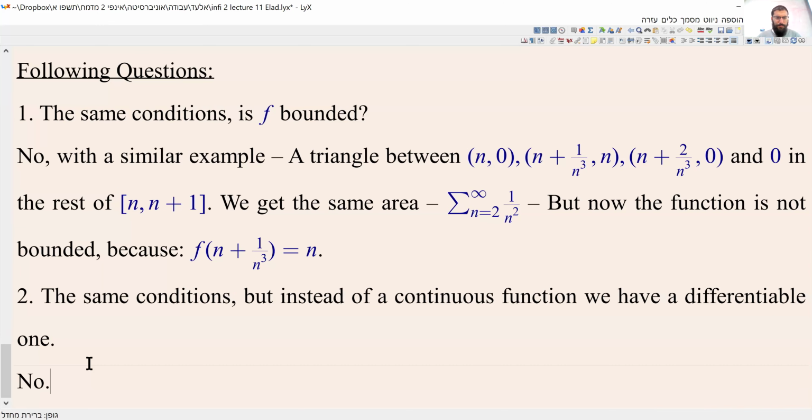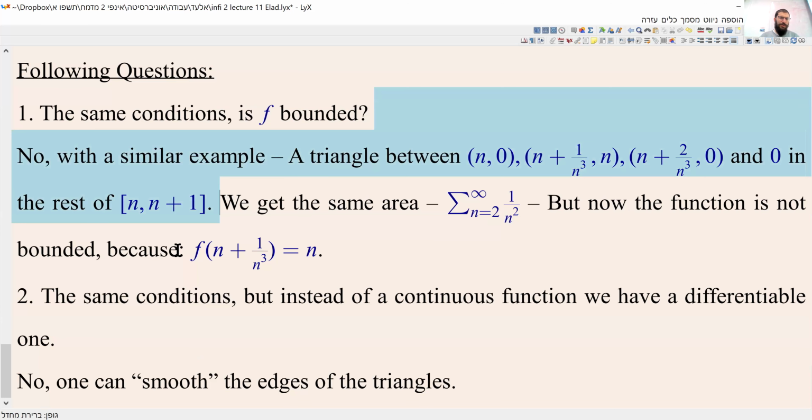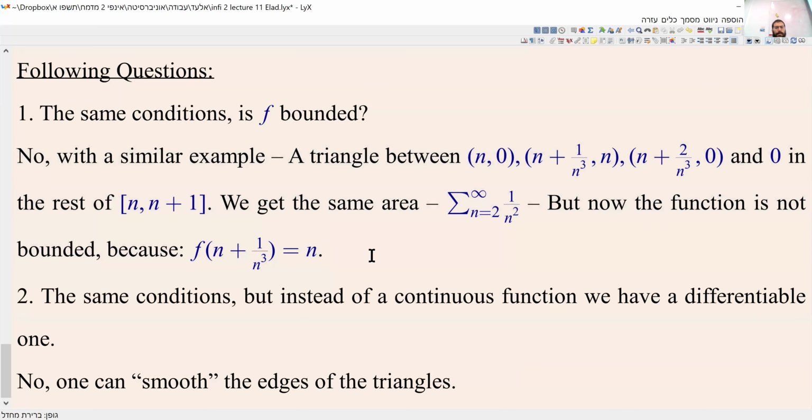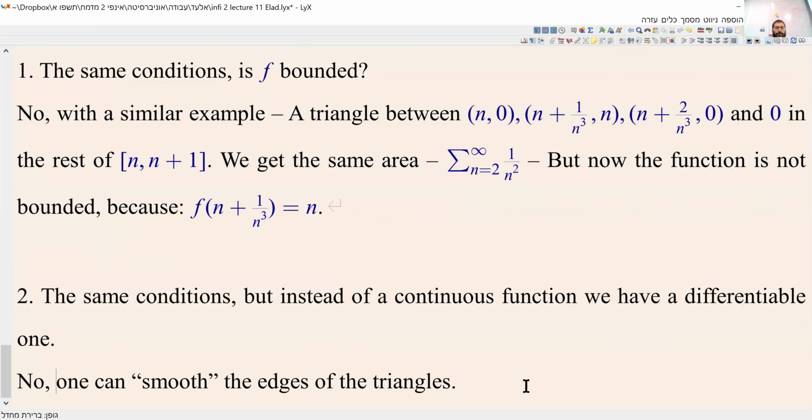So now one can smooth the edges of the triangles, but unlike the first question, which I do expect you to know how to write down explicitly because it's basically the same as the explicit example we've already written down, here it's a bit difficult, so I don't feel ashamed if you can't write it down explicitly.